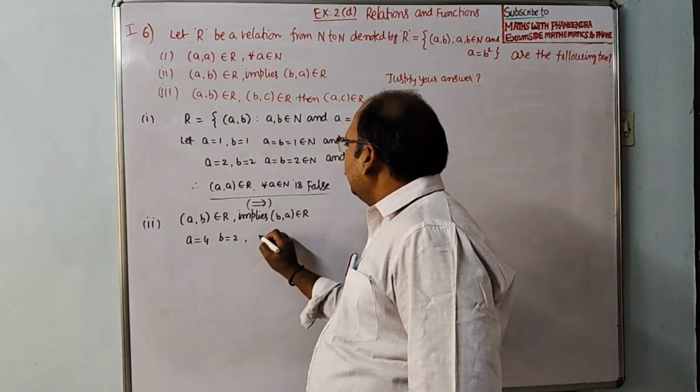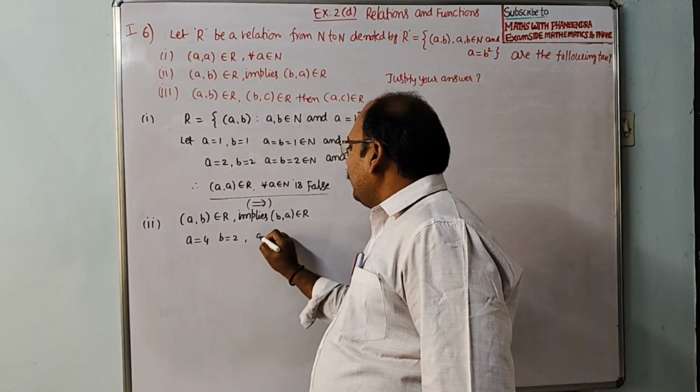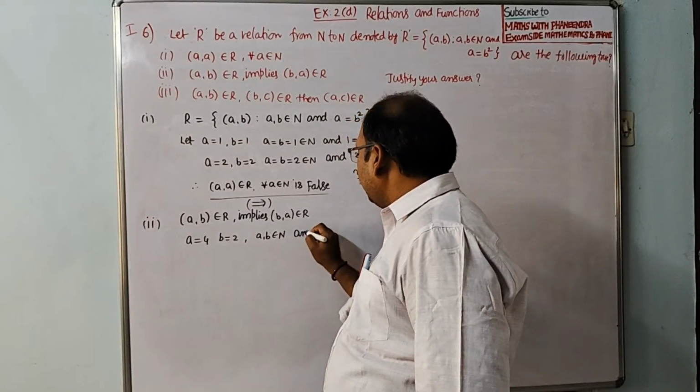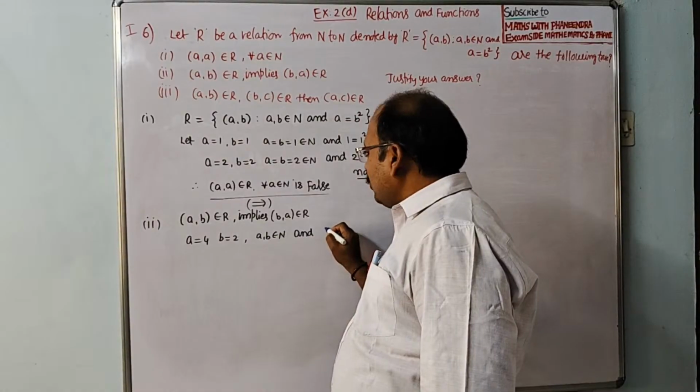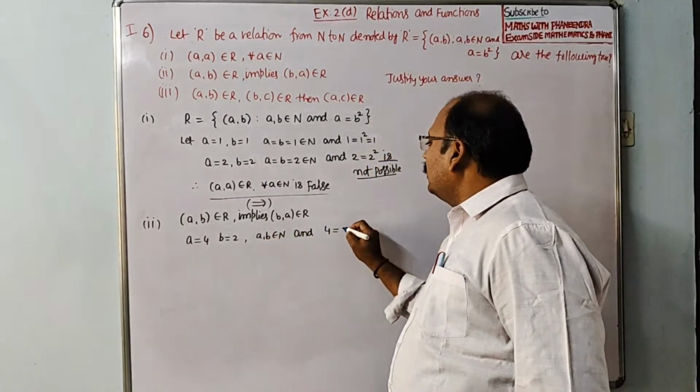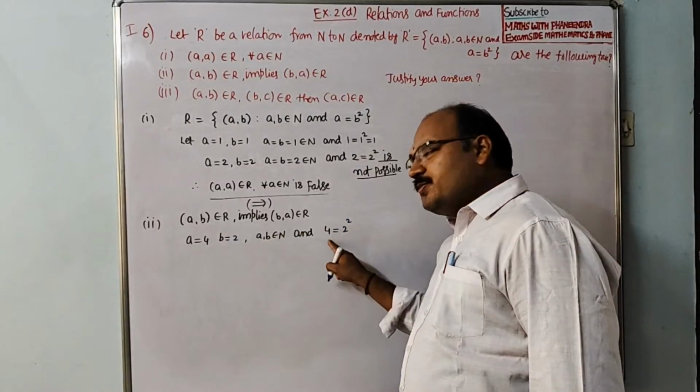Clearly, (a, b) belongs to N, and a is equal to 4, b is equal to 2 square. This is possible.